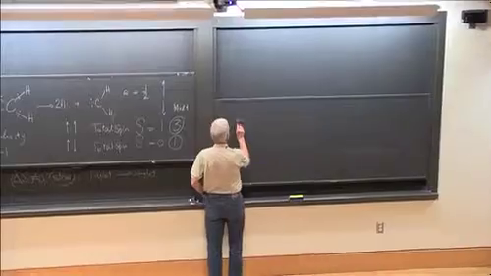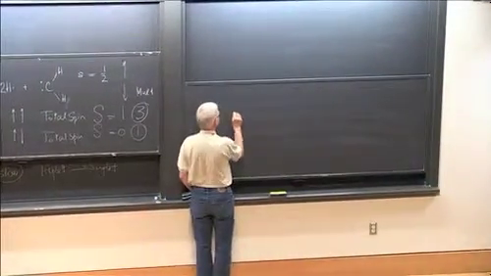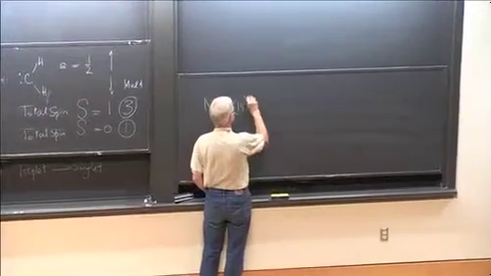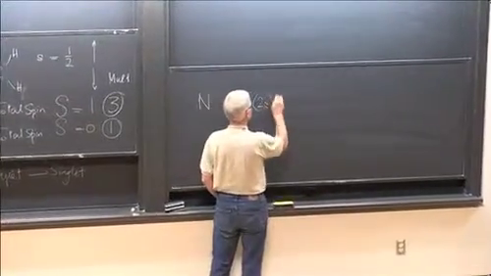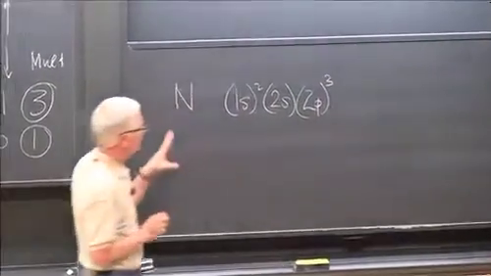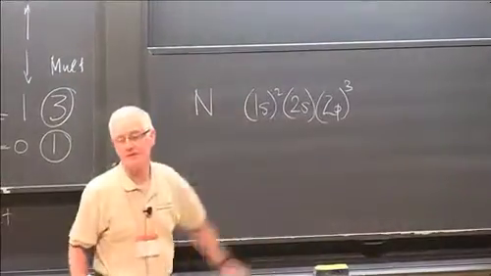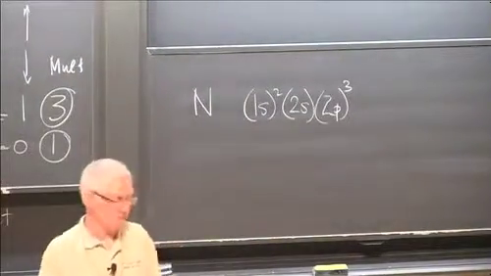If you look at the nitrogen atom, its electronic configuration has electrons in s orbitals and then 3 electrons in these p orbitals.